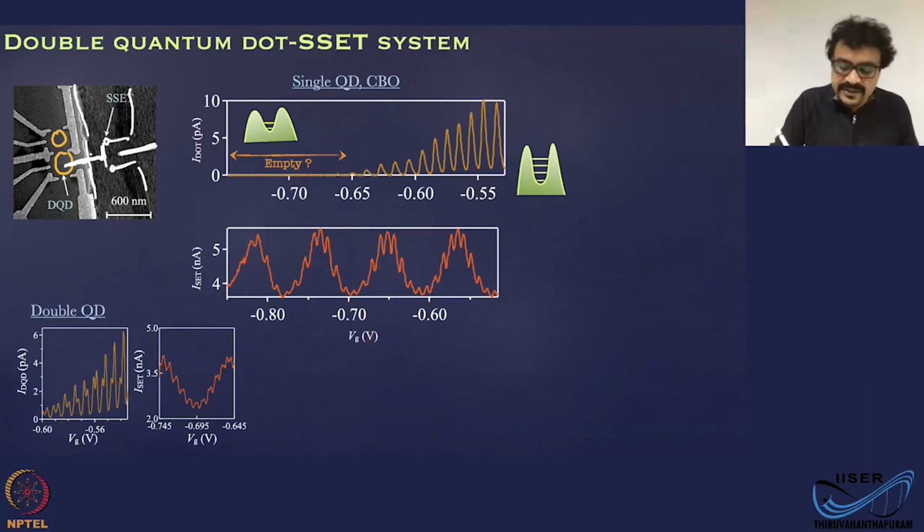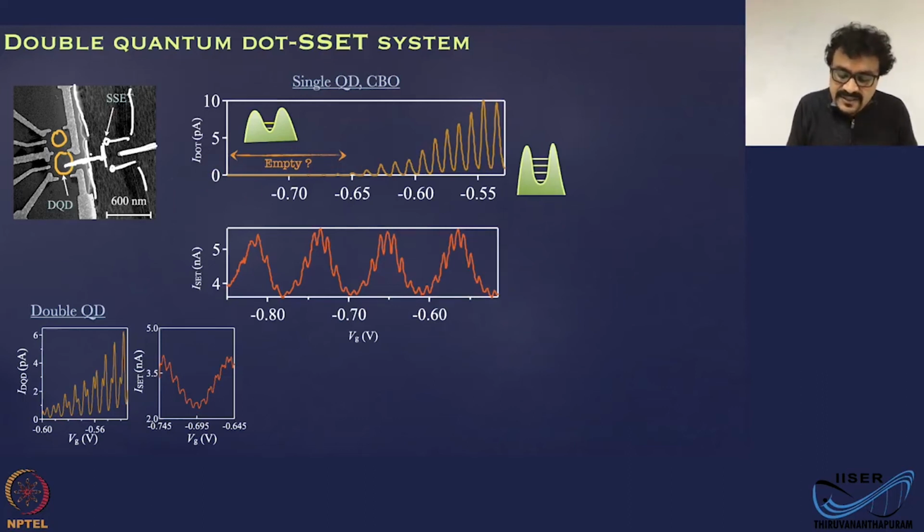And as we mentioned in the previous lecture, you can see the oscillation amplitude is going down because you are making the gates negative, so you are making the tunnel barriers thicker. So you start with a really thin tunnel barrier, and the tunnel barrier becomes really thick as you make the gates more negative. So the transport gets weaker, and the current gets very low, and it is almost immeasurable in this range.